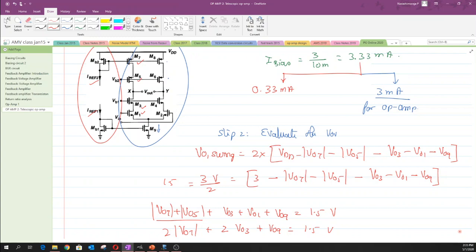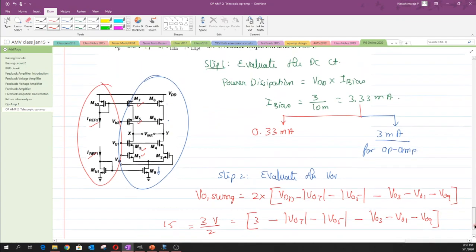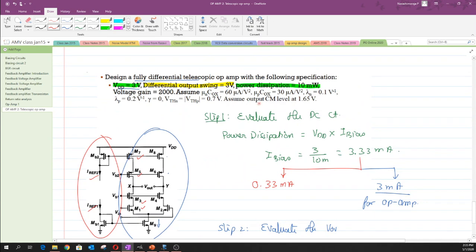Again when we look carefully into this question, there is a data that is given that the output common mode value is supposed to be equal to 1.65. So which means that when I try to measure this output DC condition, the node value is supposed to be equal to 1.65. Now over this node there is an output swing. If I consider only one single branch of it, a single branch will have a total swing of 1.5 volt.